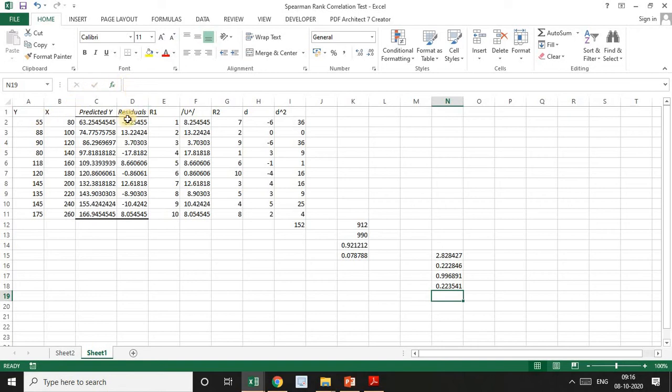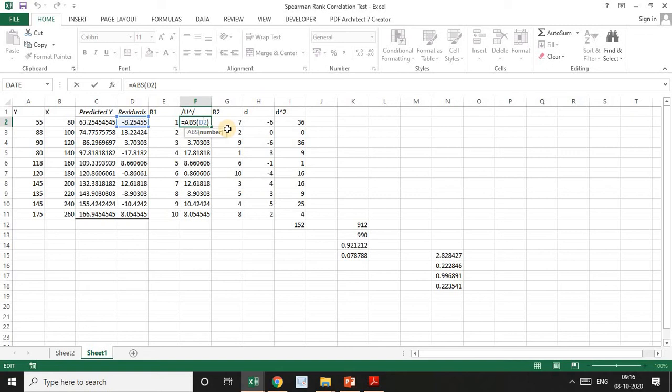I have taken the residuals and the predicted y, and I have to rank both. When I rank the residuals, I have to take the absolute values.